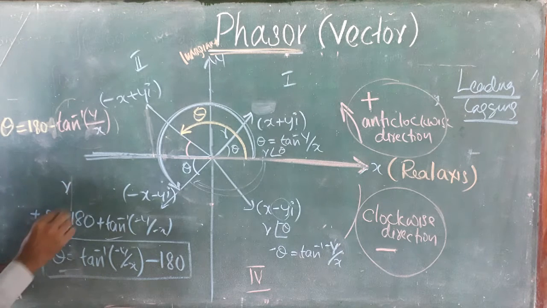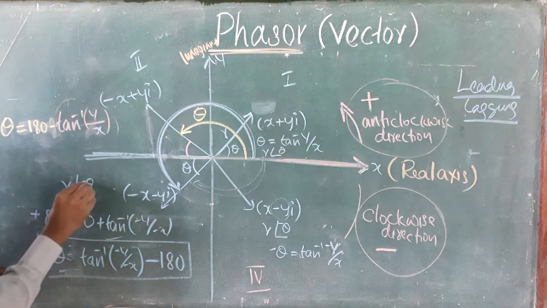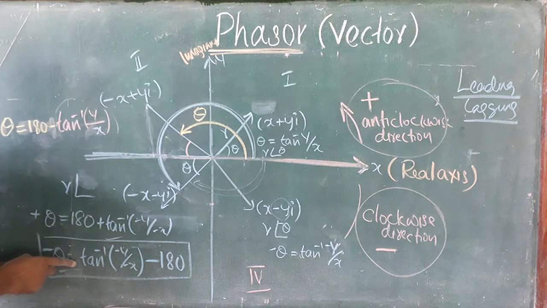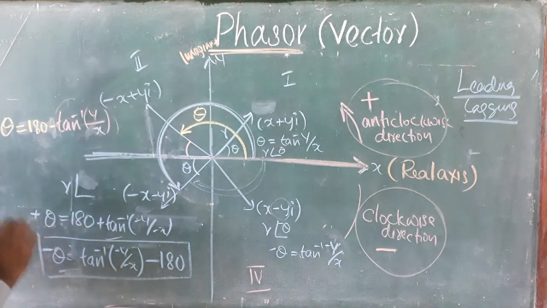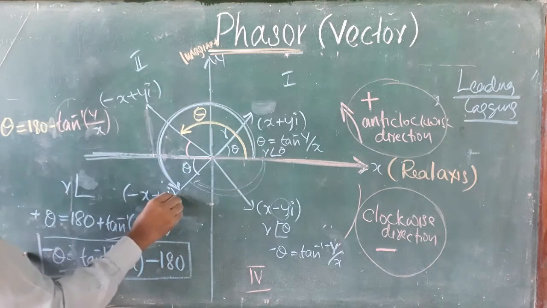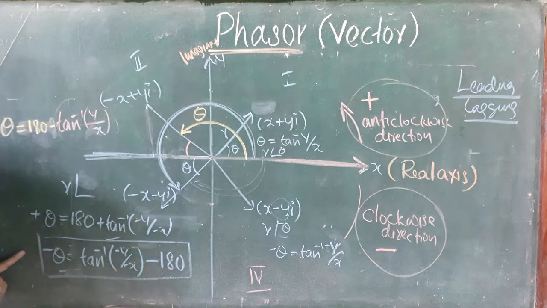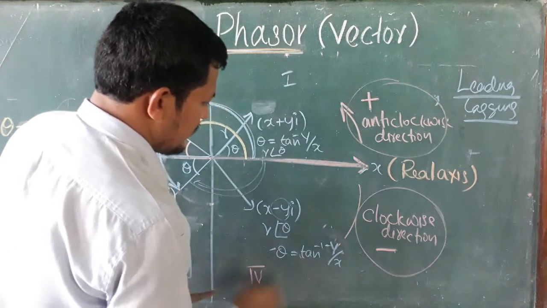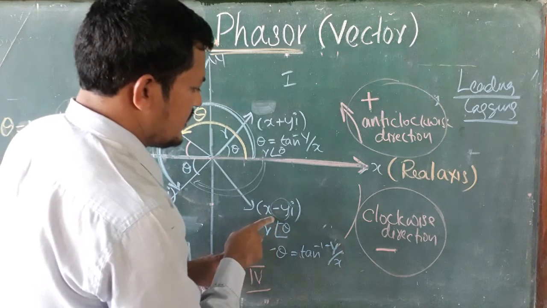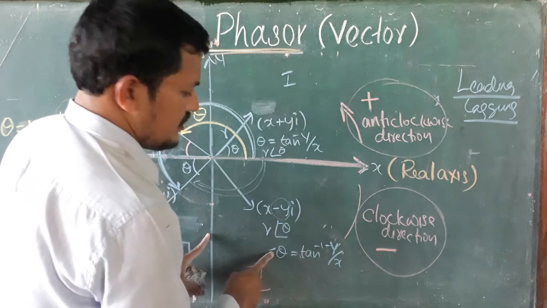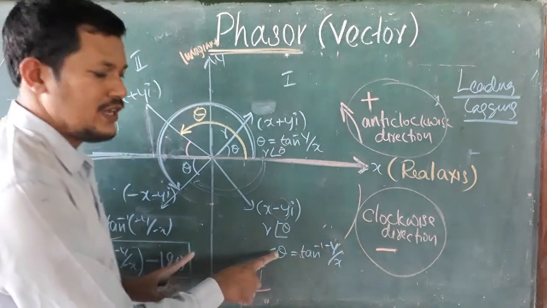Suppose writing the polar form, we can write positive theta or we can write minus theta also, but the theta value is varying. Clear? So remember, anti-clockwise direction positive, clockwise direction negative. And the last quadrant, the fourth quadrant, we already discussed. The fourth quadrant is simple: with a negative imaginary value, the angle becomes minus theta.